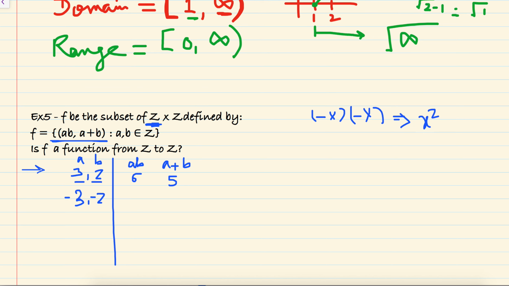So again, minus 3 times minus 2 is 6, and their sum is minus 5. We can also take any other factor of 6. Let's say 6 and 1. Then again their product is 6, but 6 plus 1 is 7. And similarly minus 6 and minus 1, their product is again 6 and their sum is minus 7.